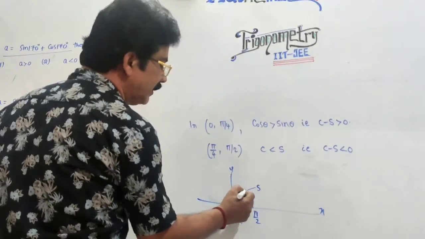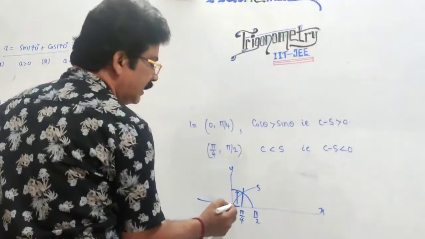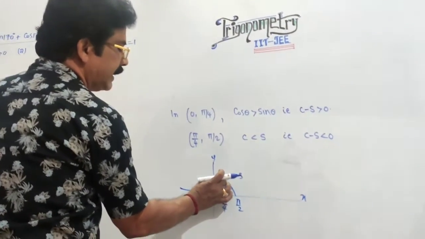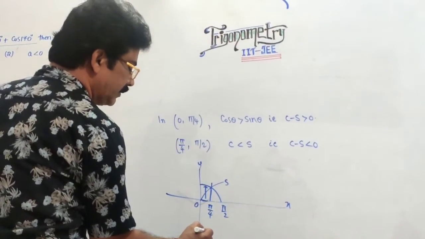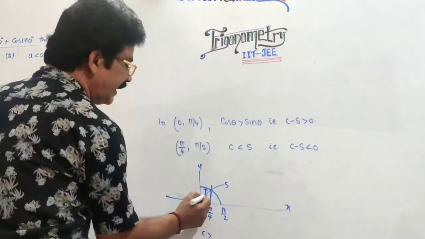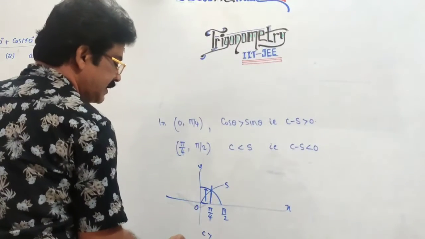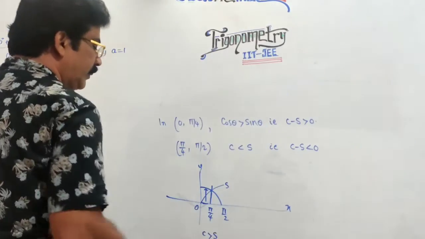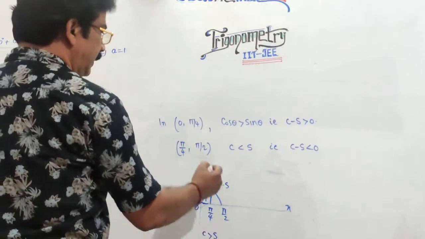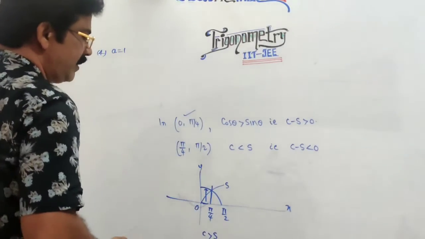This is cos. In this area, cos occupied the greatest area. Therefore cos is greater than sin. Sin means this much only. Understand? So cos is greater than sin in the open interval of 0 to 45 degrees.